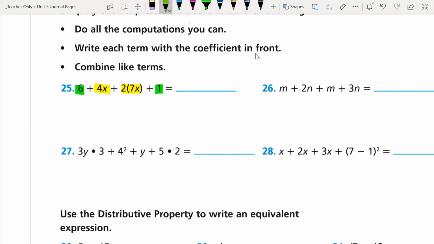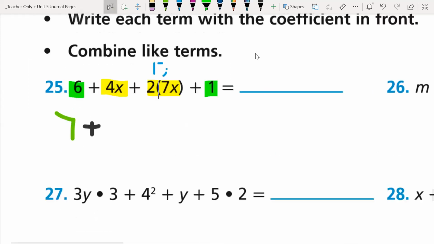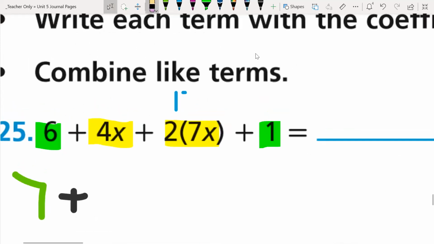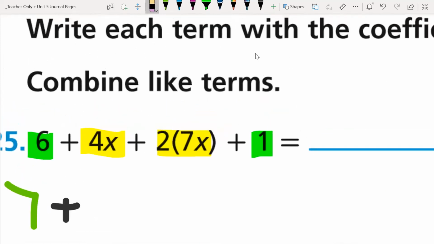6 and 1 is 7. Plus, I have 4x plus 2 times 7x. Well, 2 times 7x is 14x. Right?